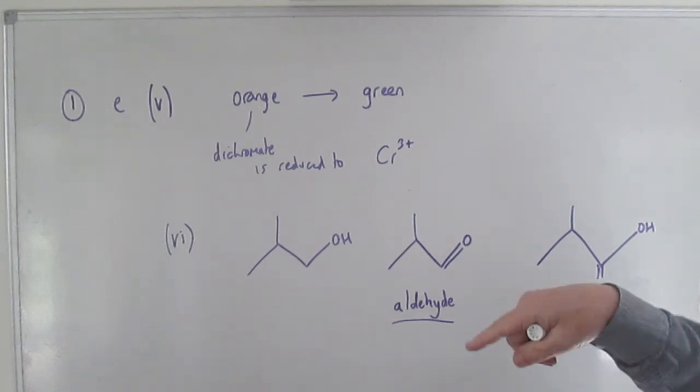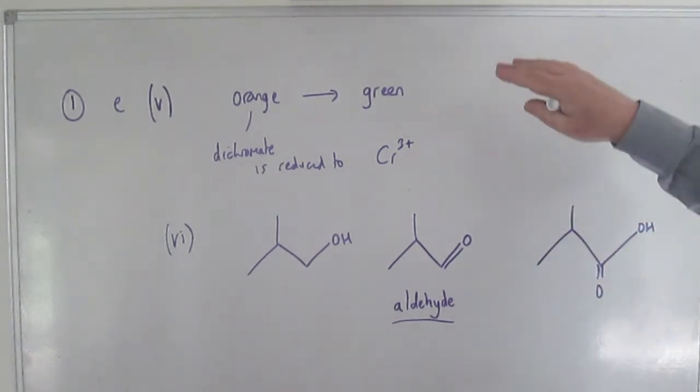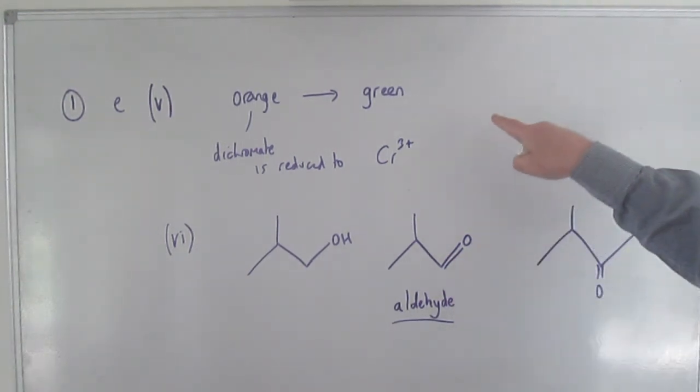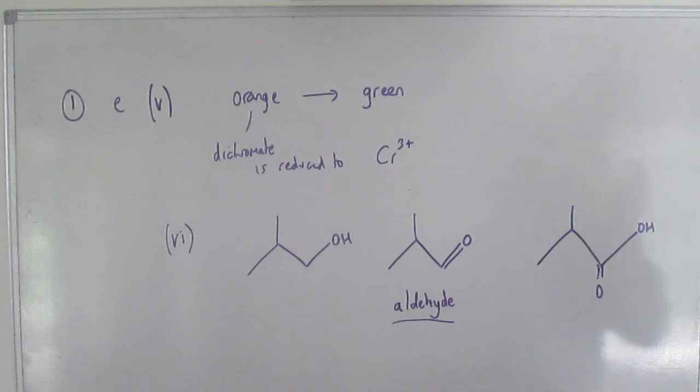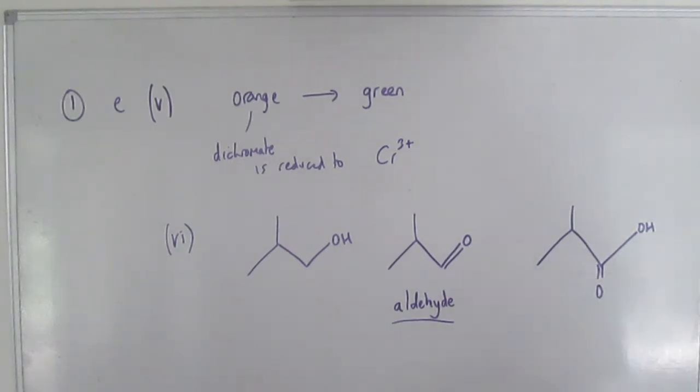If you use distillation, you condense it somewhere else. You have a condenser coming off at the side and you collect the product away from the reaction mixture. So as soon as this is formed, it boils off, you condense it somewhere else, and there is no oxidizing agent there, so the second reaction can't happen. So aldehyde and that structure were what you needed for that answer.